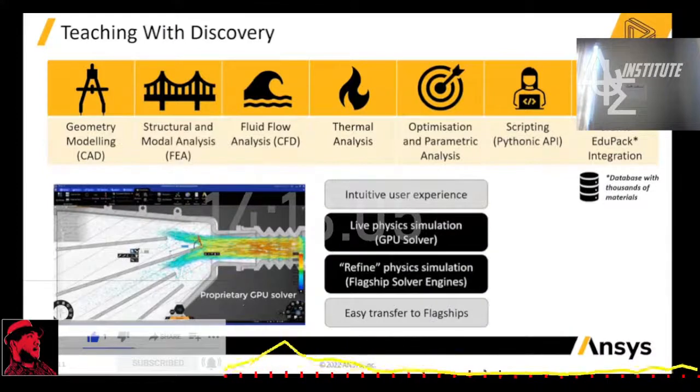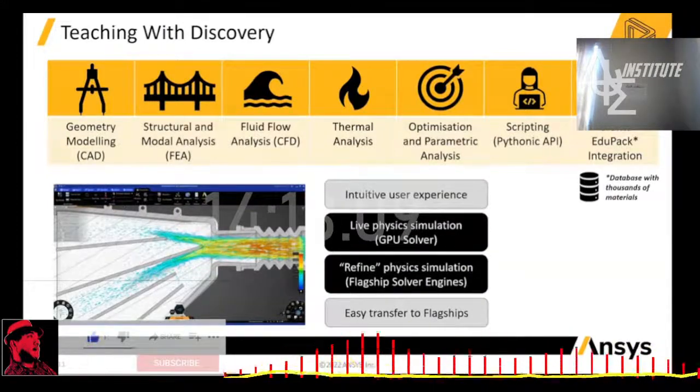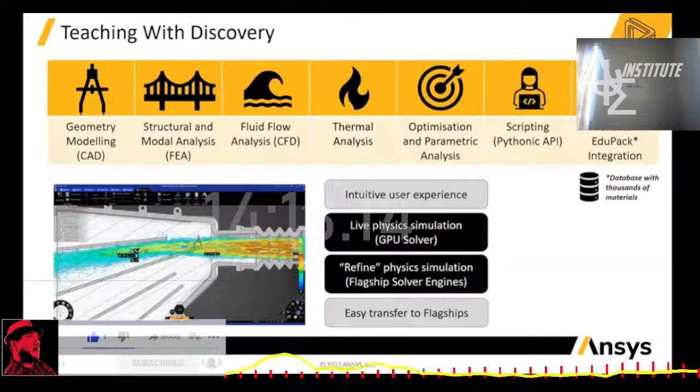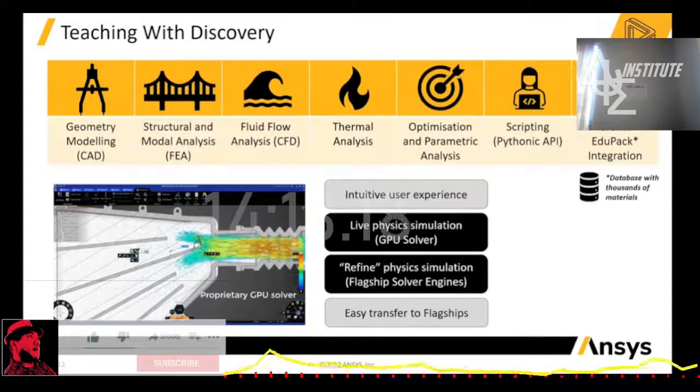It does all of this within a very intuitive user experience, with a live physics simulation solver, which provides you almost instantaneous results, and you can still transfer all your results to our flagship software like Mechanical and Fluent to do more in-depth analysis.